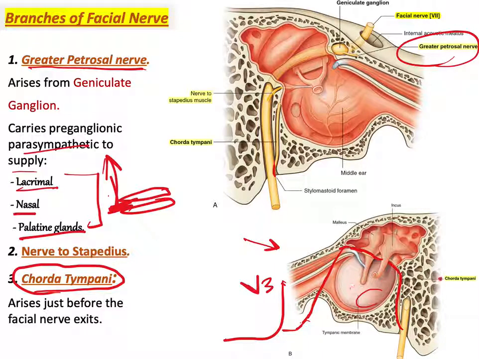But now for the Chorda Tympani, I would use a different color. The Chorda Tympani is responsible for all glands below. This is the oral fissure. This is, for me, okay, the mouth.